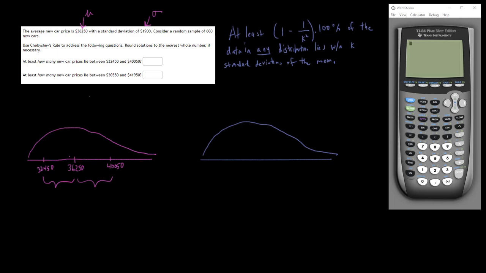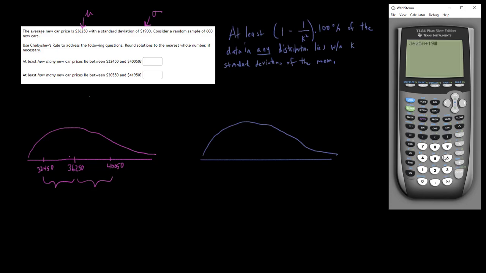So how many standard deviations does it take to get from $36,250 to $40,050? Or you can ask yourself the question, how many standard deviations does it take to get from $36,250 to $32,450? And it's really easy with a calculator, especially if k is a whole value. 36,250, how many standard deviations do I need to add?